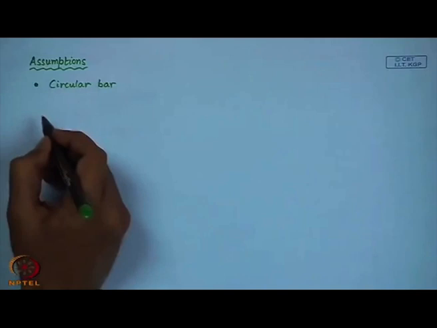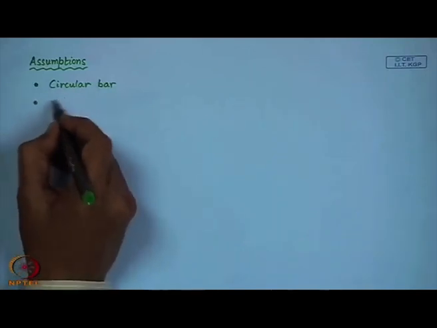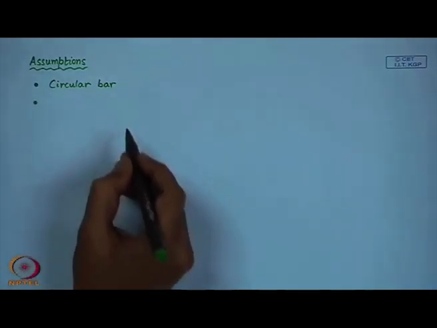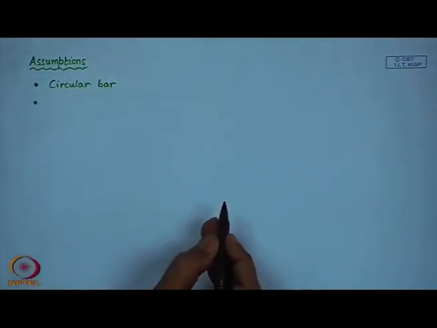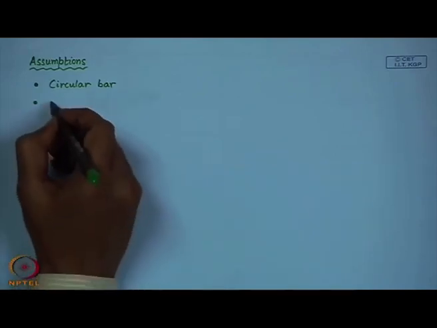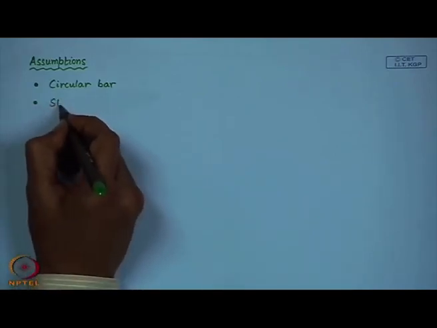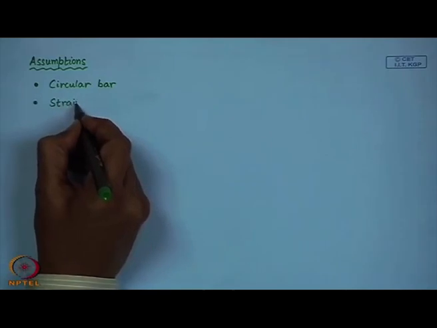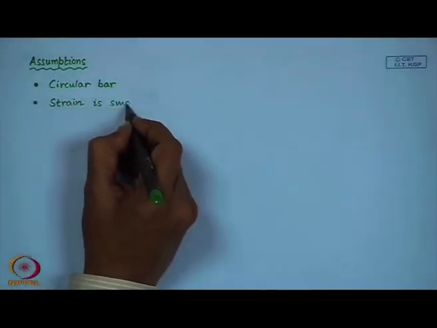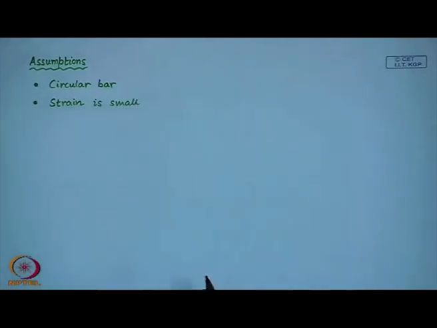So, we are going to study only torsional vibrations of circular bars. That is to ensure that there is no warping of the cross section. We will assume that the strains are small, so that the dynamics can be adequately described by a linear model.